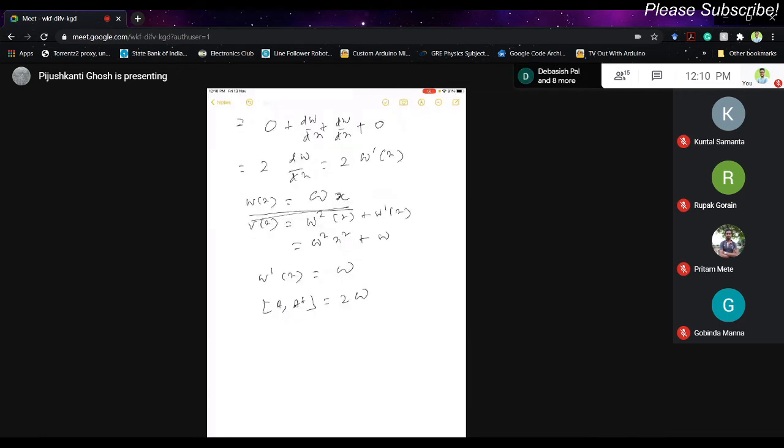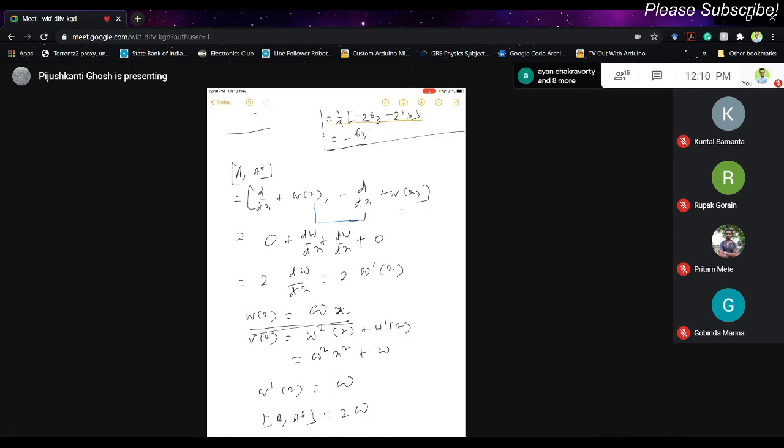Superpotential is the choice for the harmonic oscillator, and the harmonic oscillator relation is A commutator A dagger. Here we are getting 2 omega, but again, you know that if you redefine capital A as 1 by root over 2 omega A and A dagger as 1 by root over 2 omega A dagger, we identify from here that from the harmonic oscillator case, we can solve the problem algebraically, but here with a general superpotential, if it is not x, then A commutator A dagger is some space dependent closed algebra, and we don't know how to solve it.